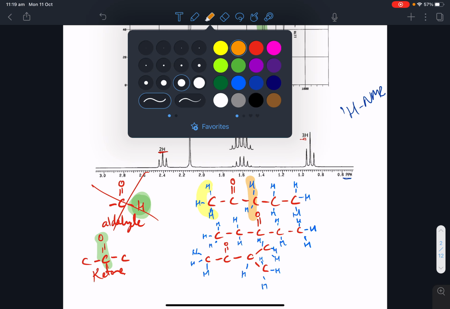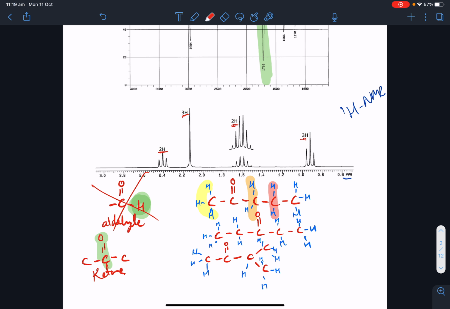They're not equivalent to anything else. Then these two are in their own hydrogen environment, and then these three on the end. So we should see 4 hydrogen environments with this molecule with integration 3, 2, 2, 3. That's what we're seeing here, 3, 2, 2, 3.